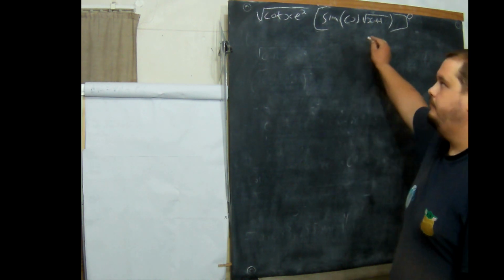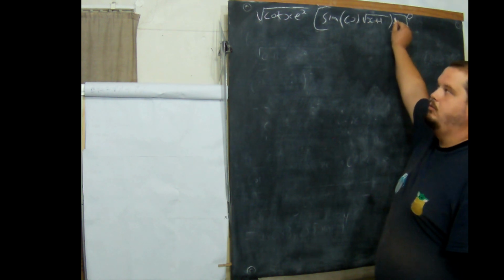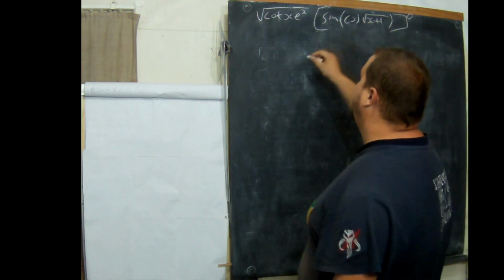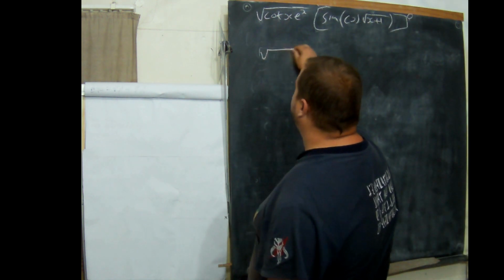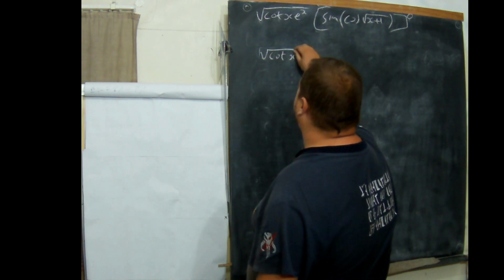Now, anything to the power 0 will be 1. So that cancels off, and we have the root of cot x e to the x.